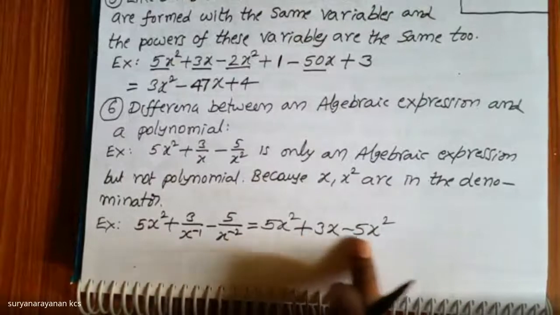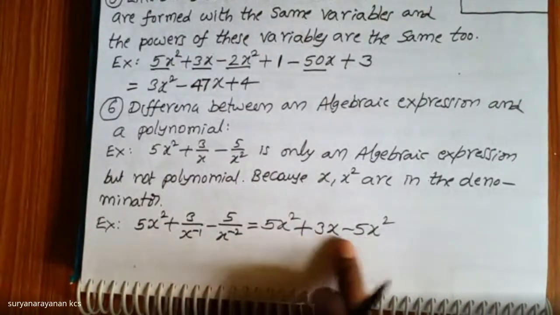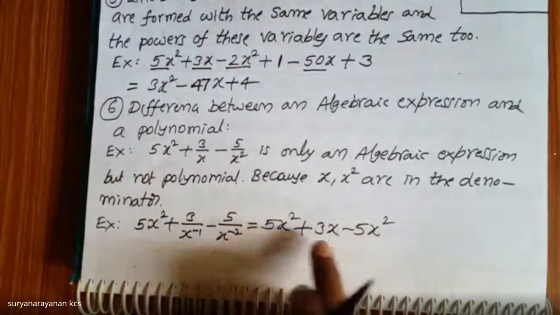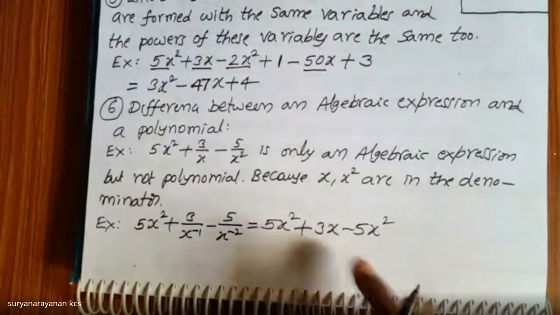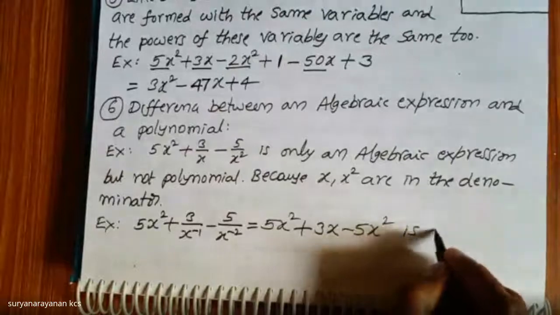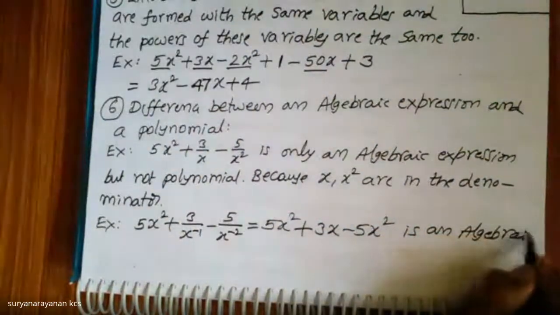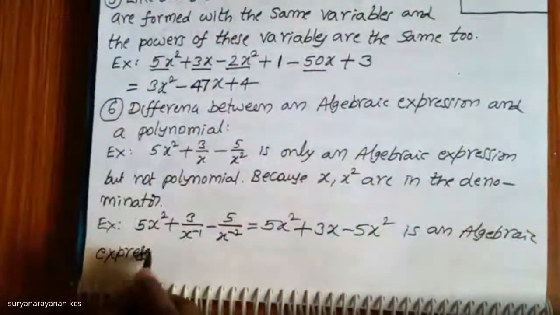Now, if we observe this mathematical sentence, it is said to be a polynomial because the variable is not in the denominator. It is an algebraic expression as well as a polynomial. Sir, can we cancel that 5x square and minus 5x square?